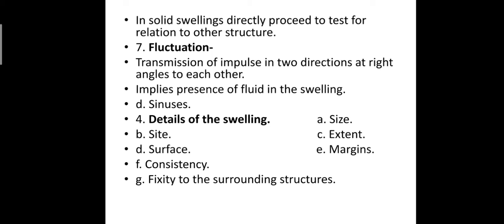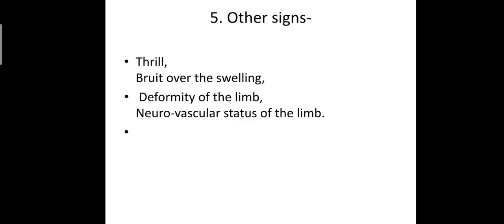Sinuses. Details of the swelling: size, site, extent, surface, margin, consistency, fixity to the surrounding structures. Other signs: thrill, bruit over the swelling, deformity of the limb, neurovascular status of the limb.